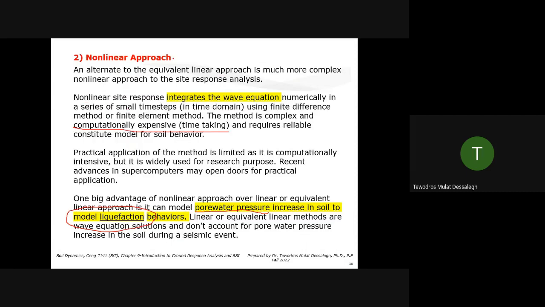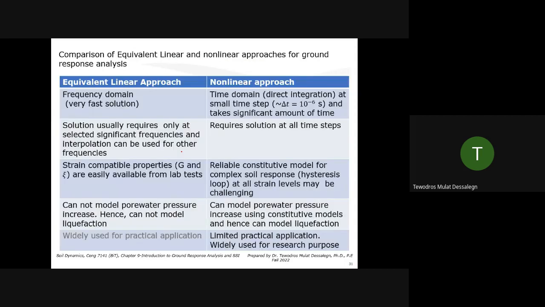There is a limitation. FLAC and Plaxis right now are good for research purposes. You can model liquefaction, things like that. For application in industry, for SSI, it's limited. Nowadays we have supercomputers, and if you are using supercomputers, you may be able to solve a big problem. So those are the limitations and advantages of these two approaches.